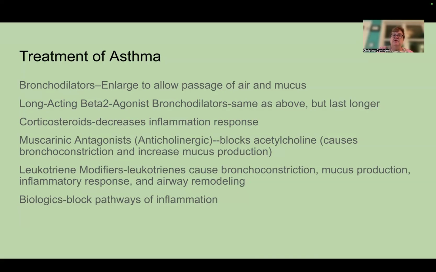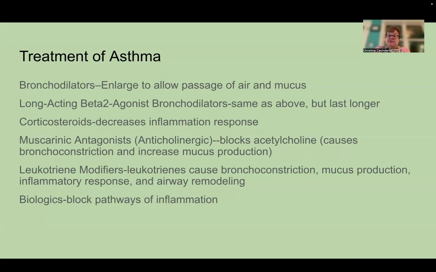Bronchodilators for RSV or any kind of bronchiolitis do not work. For asthma, they do work. You can use long-acting beta-2 agonist bronchodilators, which are for longer periods of time. Our typical bronchodilator is albuterol, which works for a while but has a short half-life. These long-acting ones have a much longer half-life, so you don't have to take them as often.